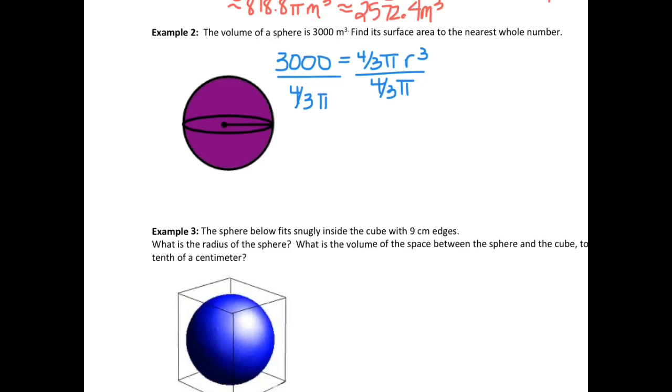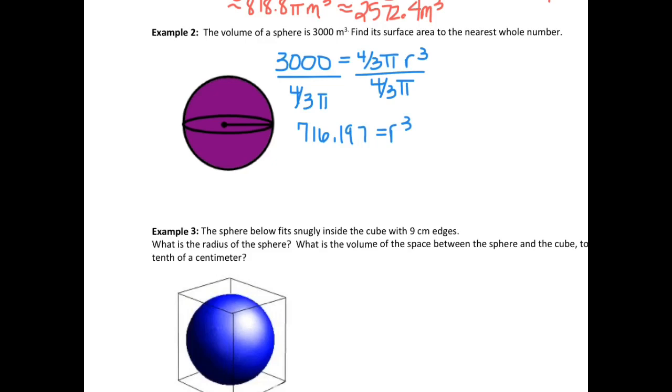So 3,000 divided by 4/3 pi is approximately 716.197, and that equals r cubed.